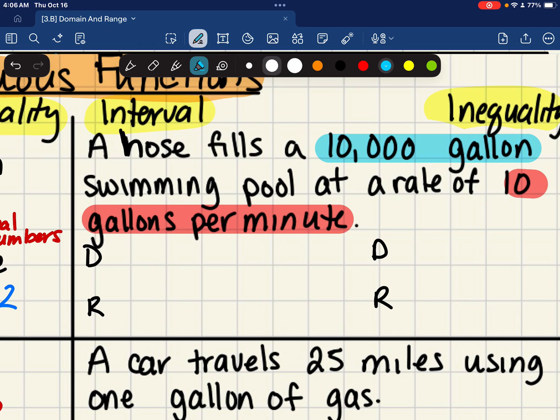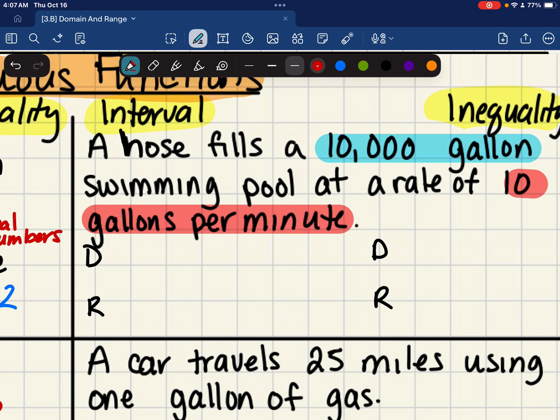So 10 gallons per minute is describing time. So our domain will involve the 10 gallons per minute. It's talking about time. So I have to think, what is the least amount of time that I can fill a swimming pool? I had a lot of kids say 10 minutes during the lecture. But can't I spend less than 10 minutes? Could I spend 5 minutes?